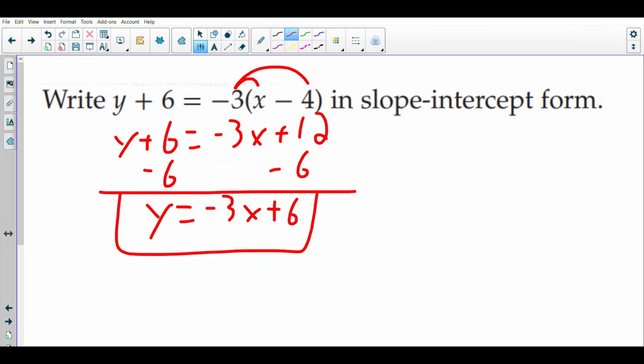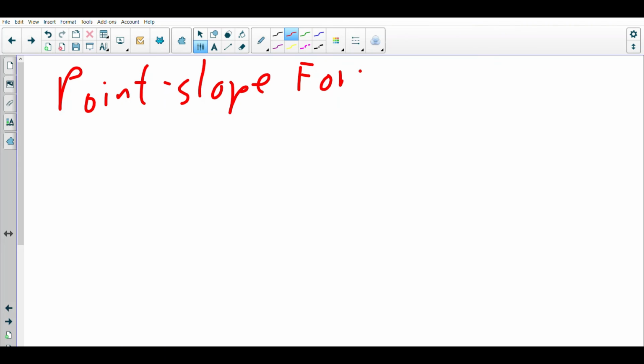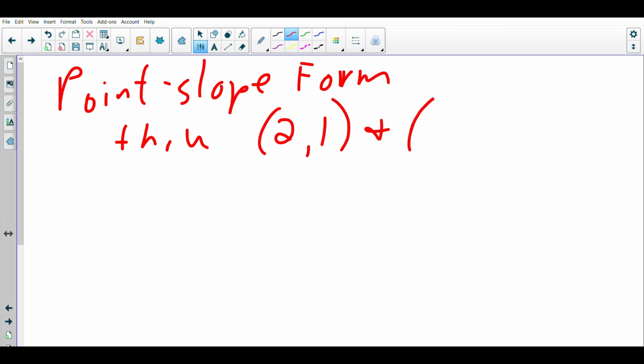So I'm going to do one more that I wasn't planning on, but I think I should. So I'm going to write this one out for you. Okay. So I want to find the point-slope form. And it passes through, I'm going to shorthand here, the points (2, 1) and (6, 4).